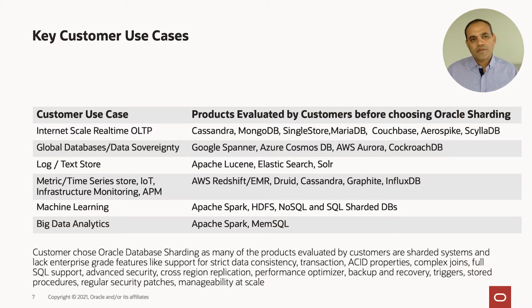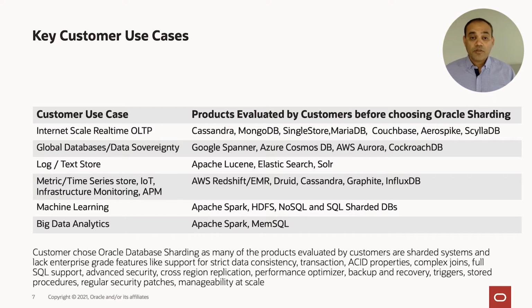So there are internet-scale, real-time online transaction processing applications, like mobile-to-mobile payment applications, marketing applications, some real-time billing applications, financial stock trading applications, and so on and so forth. These are applications which require extremely low latencies and absolute data consistency. And of course, they considered many other NoSQL products and they chose to use Oracle Sharding.